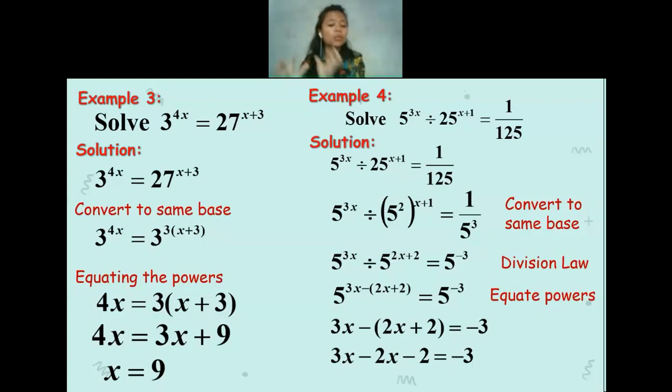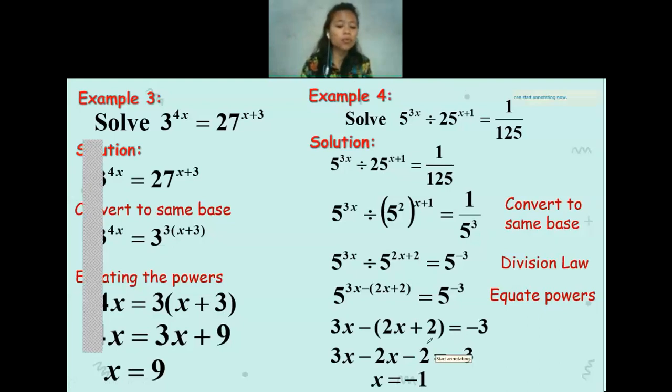Now we move everything: the numbers without letters have to be on the same side, and the numbers with letters have to be on the same side. So here, I will move the negative 2x into the right side.